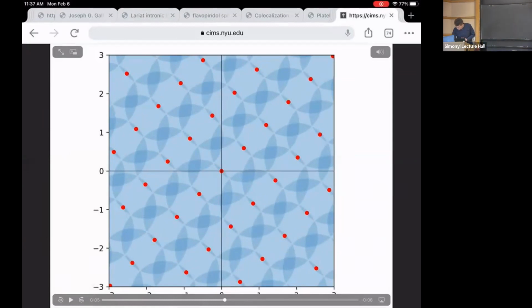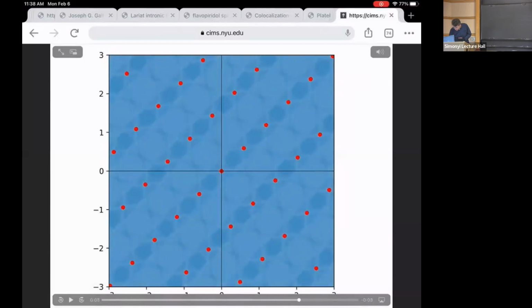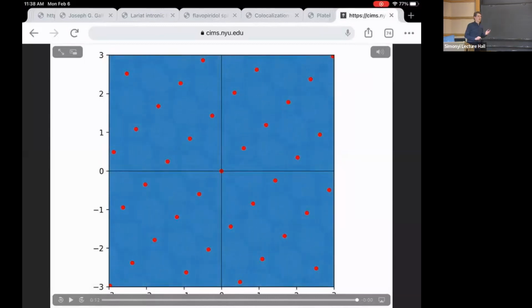And I keep on going, bigger and bigger. At some point, say here, you start seeing that any point in space is covered, I lost track, maybe between 7 and 9 times, which is what we call smooth covering.